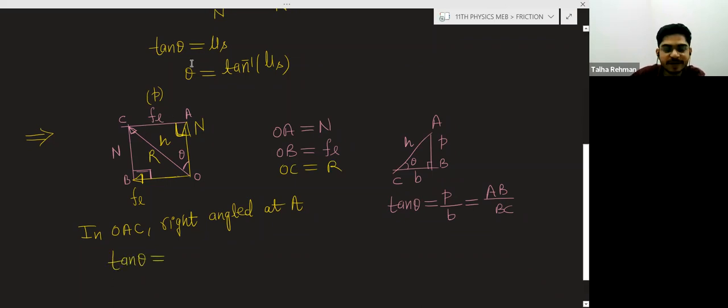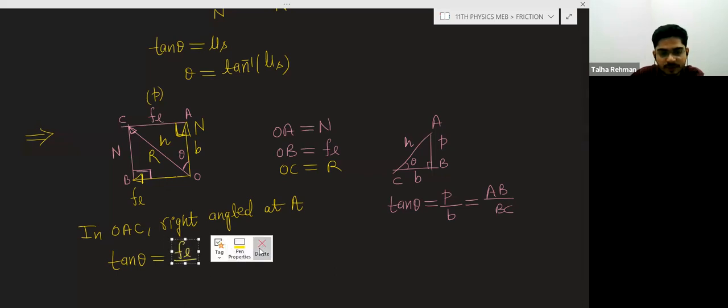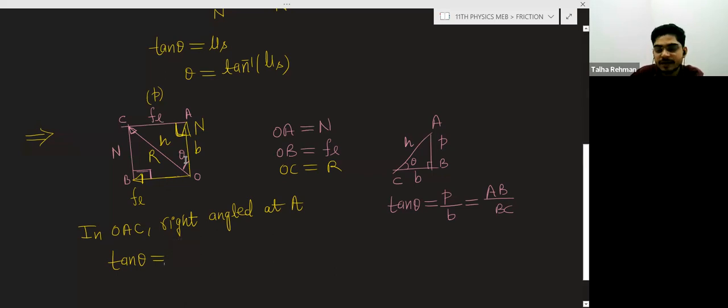Okay, now from this triangle OAC you can find the tan theta. What will be the value of tan theta? Perpendicular divided by base. This is the base. So what is perpendicular? FL. What is base? This normal reaction, OA. Basically, tan theta is equal to perpendicular, that is AC, divided by OA.